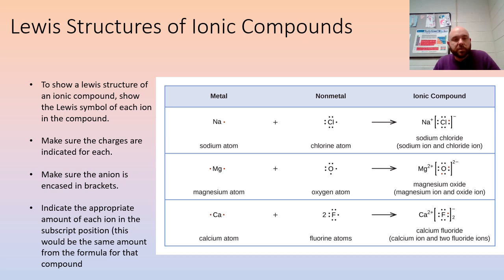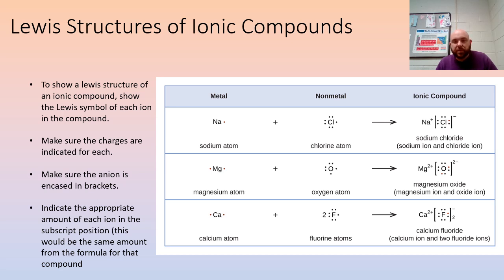We make sure the charges are indicated for each ion and that they are correct. We make sure that the anion is encased in brackets as we indicated on the previous slide. And then finally, we indicate the appropriate amount of each ion in the subscript position, which would be the same amount as in the formula of the compound.